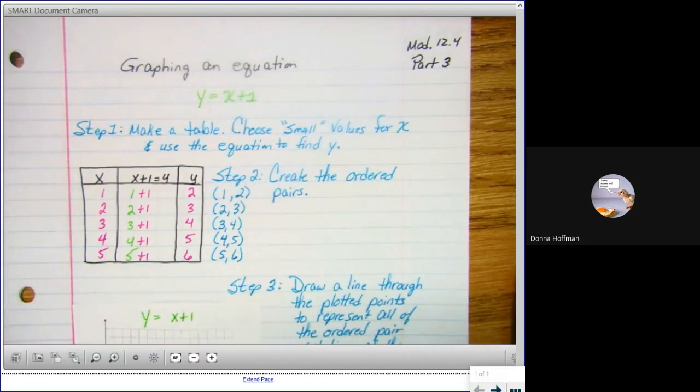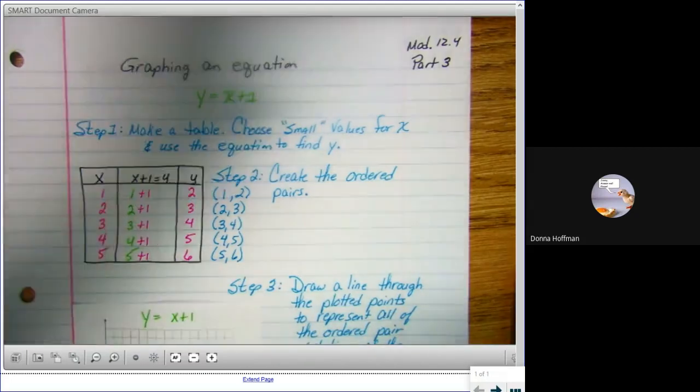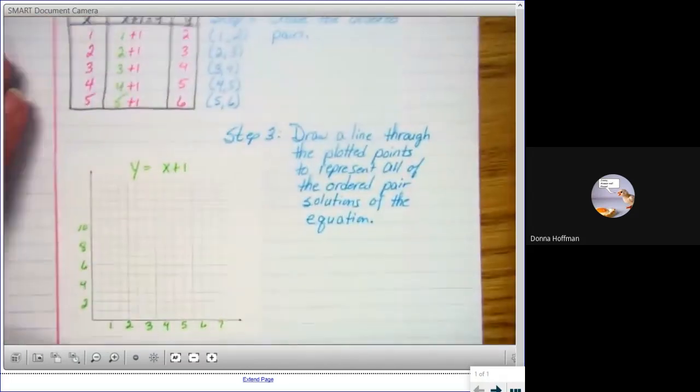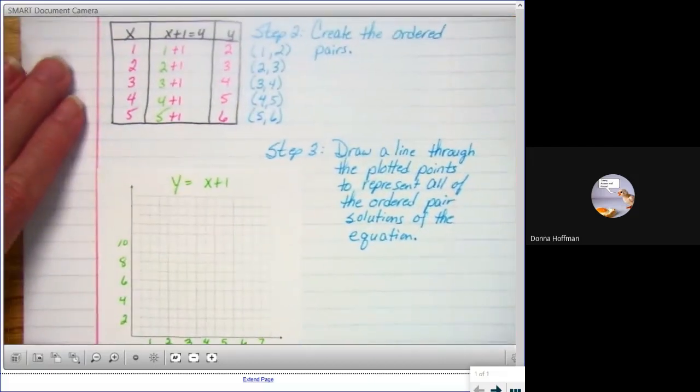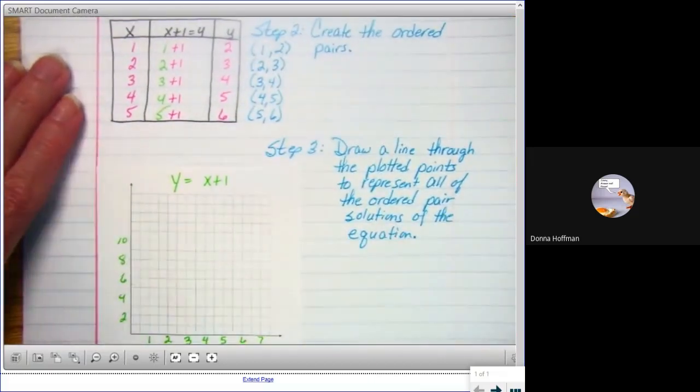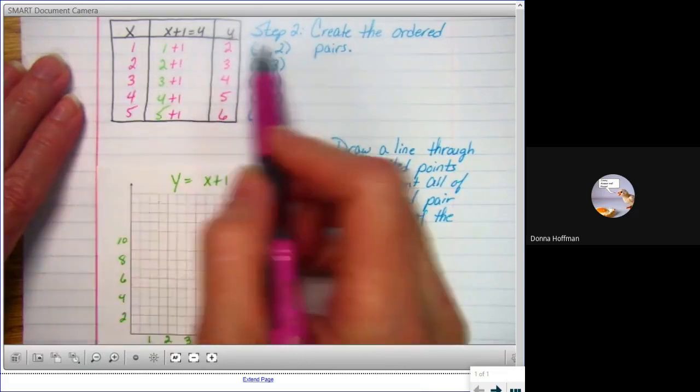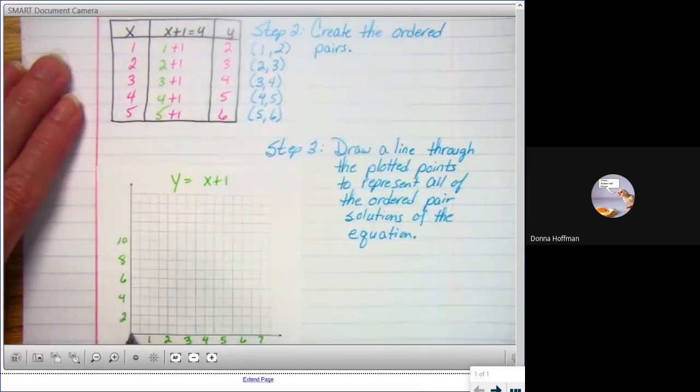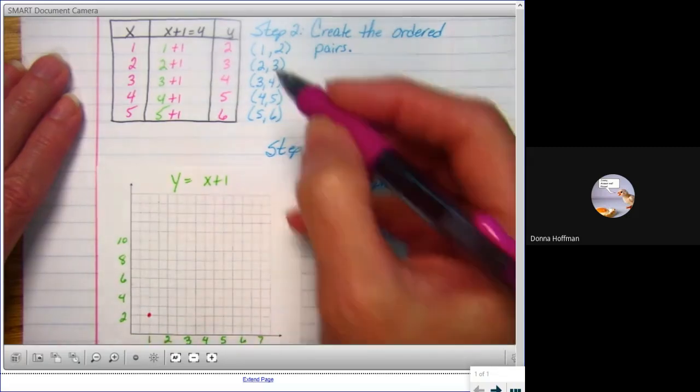All you have to do is graph your ordered pairs on your graph. Okay? See if I can get this in big enough. Okay, there's my ordered pairs. So I'm going to graph the 1 and 2. There's my 0, and there's my 1, and then 1, 2. Okay? Then I'm going to graph 2, 3.